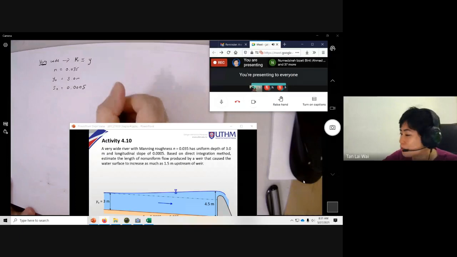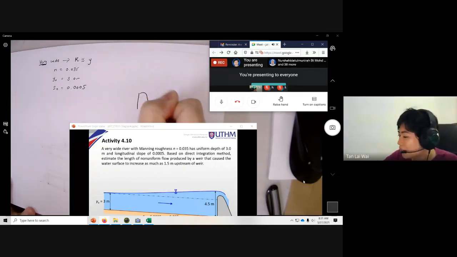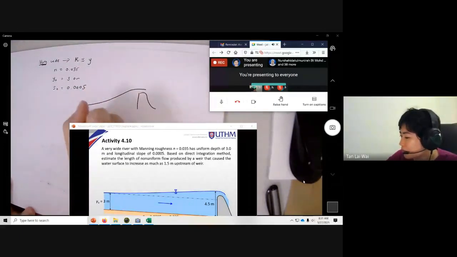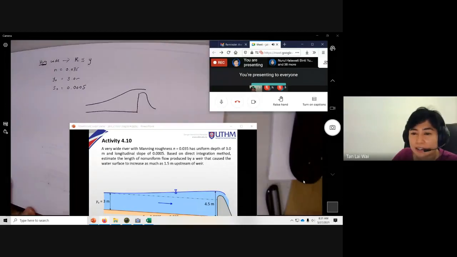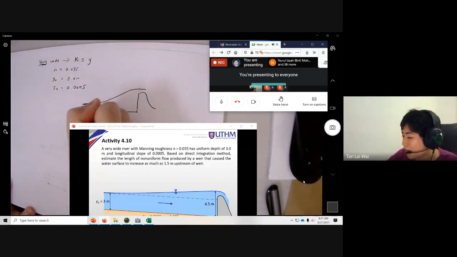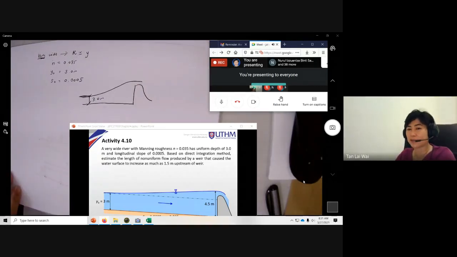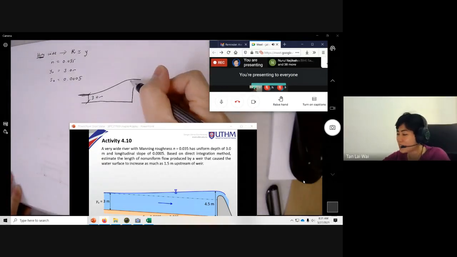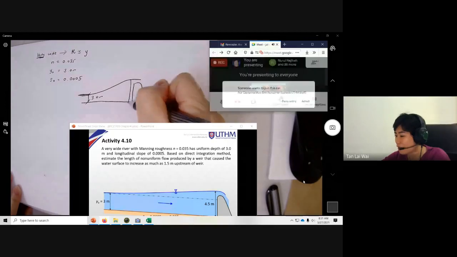So you need to draw out the flow produced by a weir, and it increased as much as 1.5 meter. You have this Y naught, which is 3 meter. Then it says it increased as much as 1.5 meter.